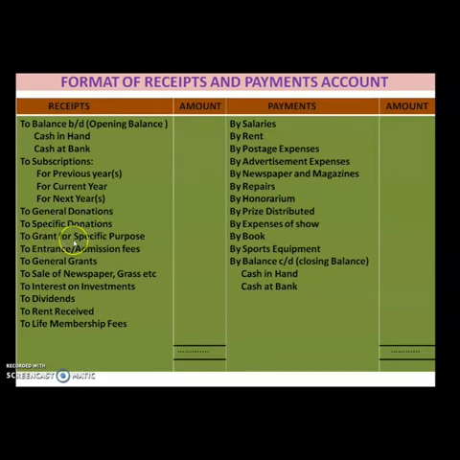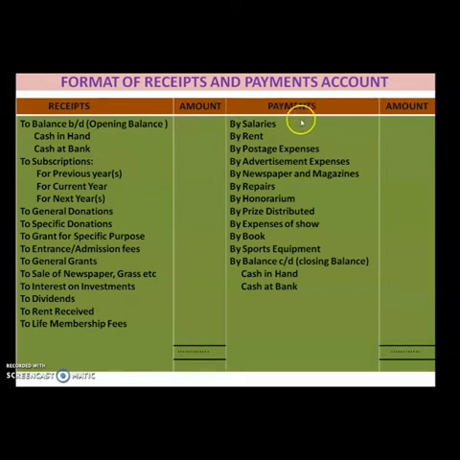Then grants for specific purpose, entrance fees, general grants, sale of newspaper or grass, interest on investment, dividend, rent received, life membership fees, all sorts of receipts are recorded on the debit side of the receipt and payment account. There are some more items. You can look into the notes which will be provided and copy them in your accountancy notebook.